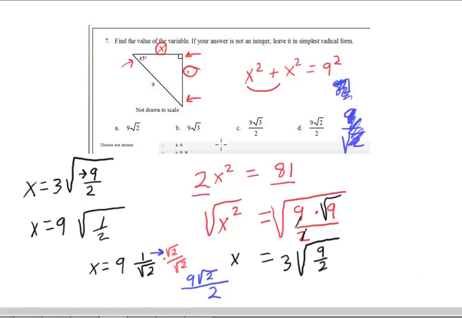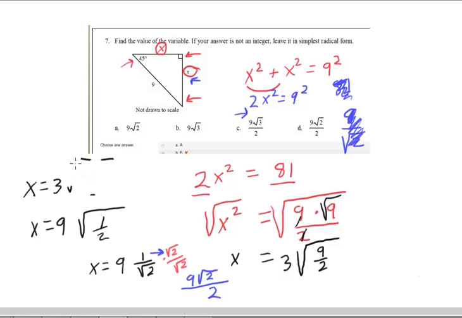So again, we've got a right triangle, 45, 45, so we know that these legs are the same. So that's x squared plus x squared, so that's 2x squared equals 9 squared. And we had to divide this thing by 2. And I kind of went through this, made it really harder than I should have.